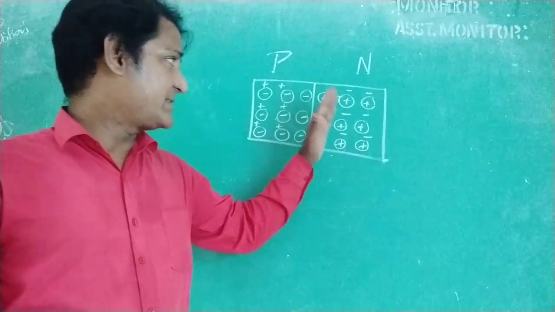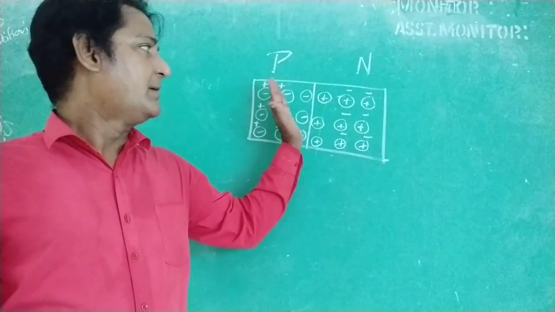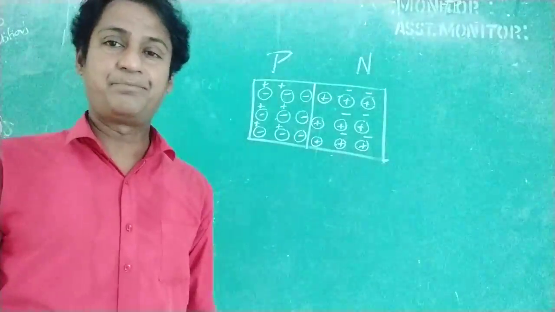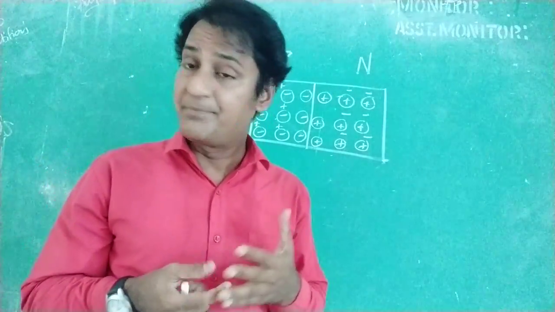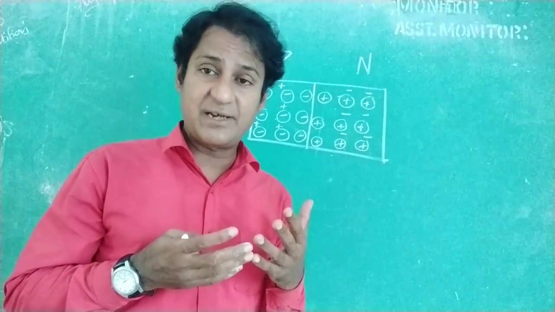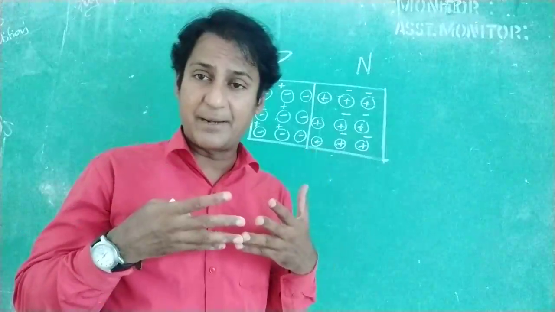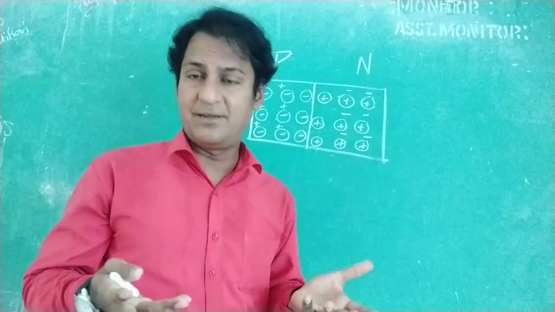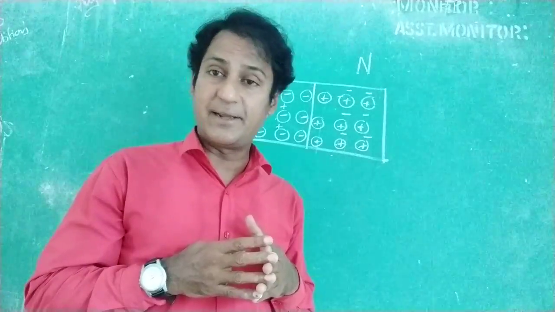Whenever electrons enter the P region and holes enter the N region, recombination of holes and electrons takes place. Recombination means whenever positively charged holes and negatively charged electrons combine, they get cancelled. That is what we call the recombination of holes and electrons.